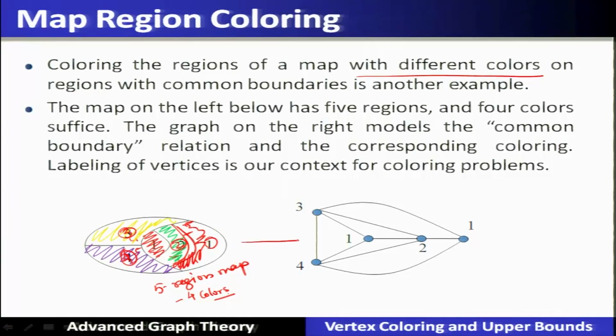This map can also be represented in the form of a graph, where these regions of a map are represented as nodes, and edges are the adjacency relation between the regions.